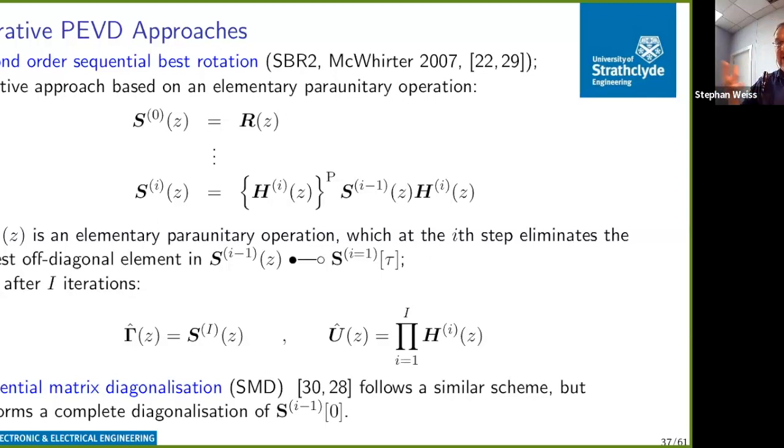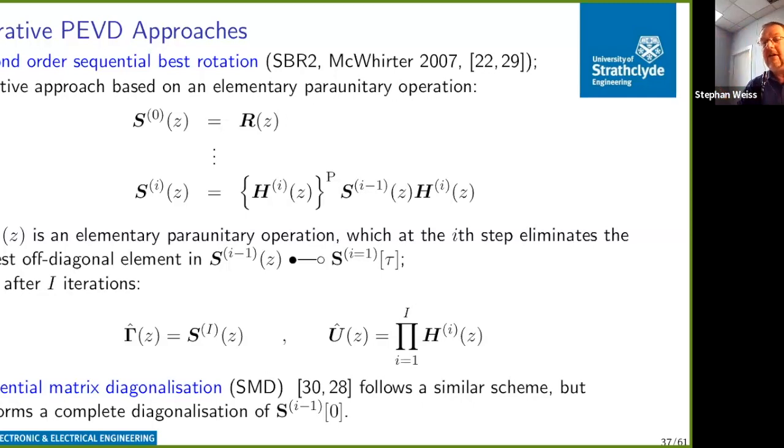But now, understanding the existence of the analytic EVD and how that relates to the polynomial EVD, we have an idea of that. There's a similar algorithm called sequential matrix diagonalization. So you again bring the largest off-diagonal component onto the lag 0 part of your matrix, but then instead of just using a Givens rotation, you actually perform a complete eigenvalue decomposition to transform the energy onto the diagonal.